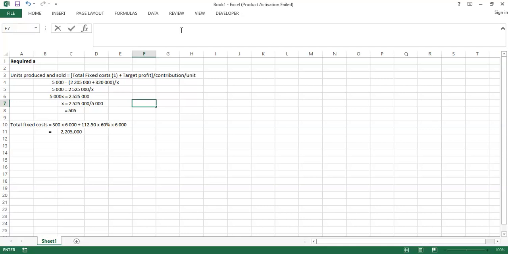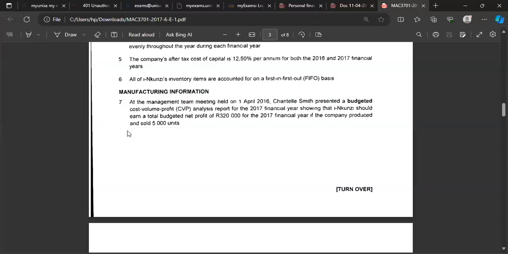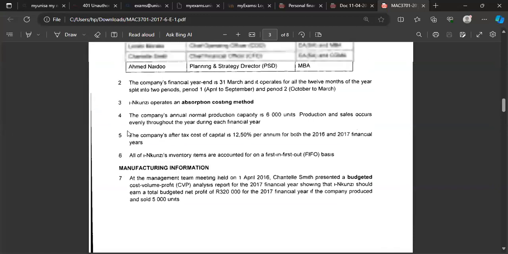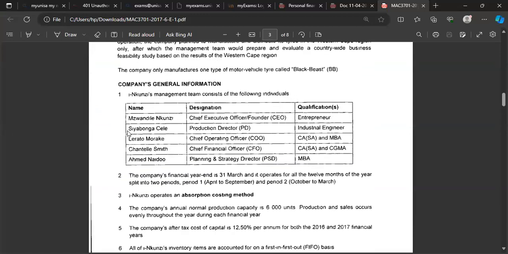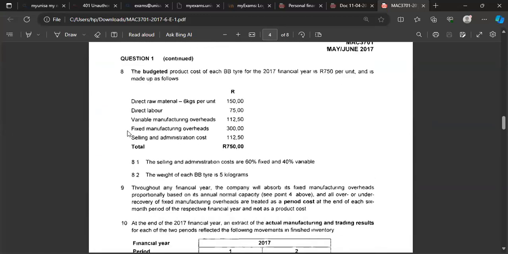All right, back to the question. So what do we need? We need the selling price. That's what we need. But now let's have a look and see what adjustments we need to make so that we get the selling price. If our contribution is given as that there, and these are all the expenses that we have, then we can use that to get our selling price.